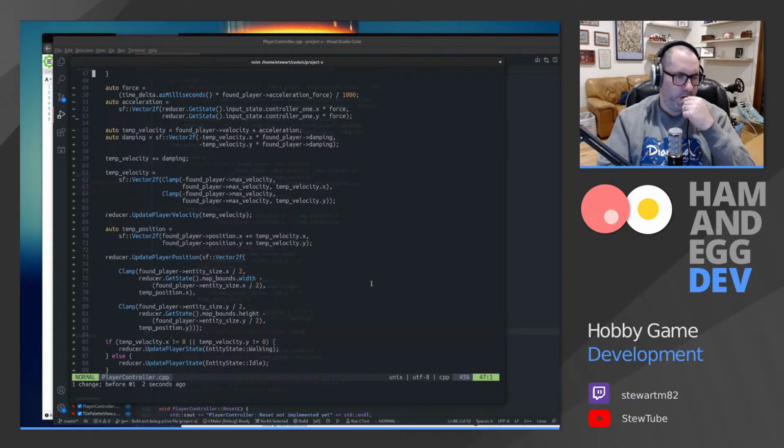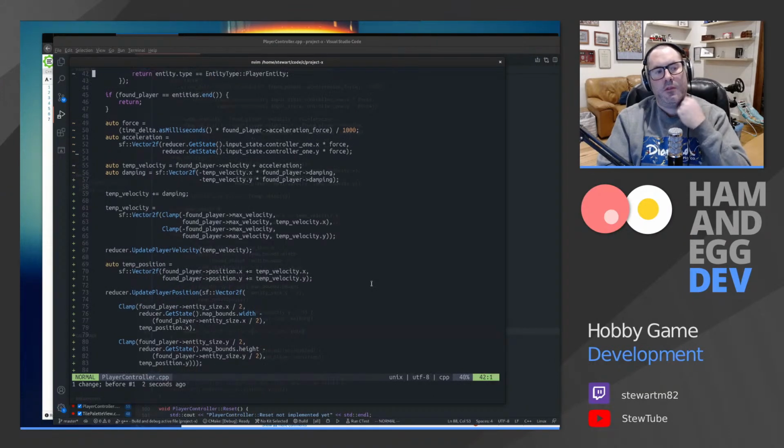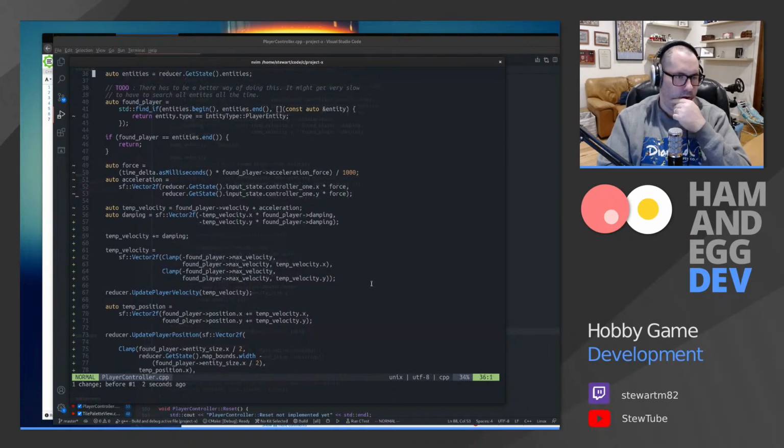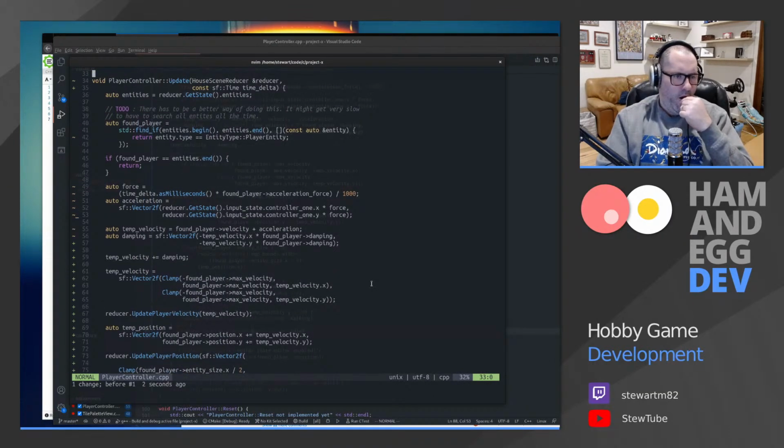All right, so we've got temp velocity. This one here.